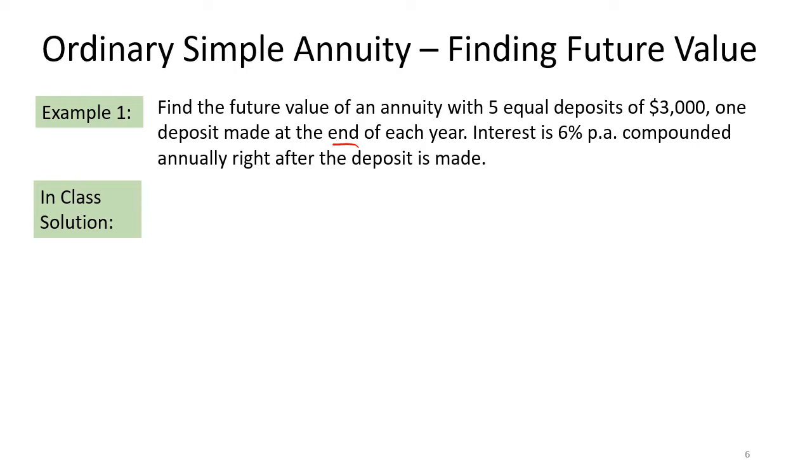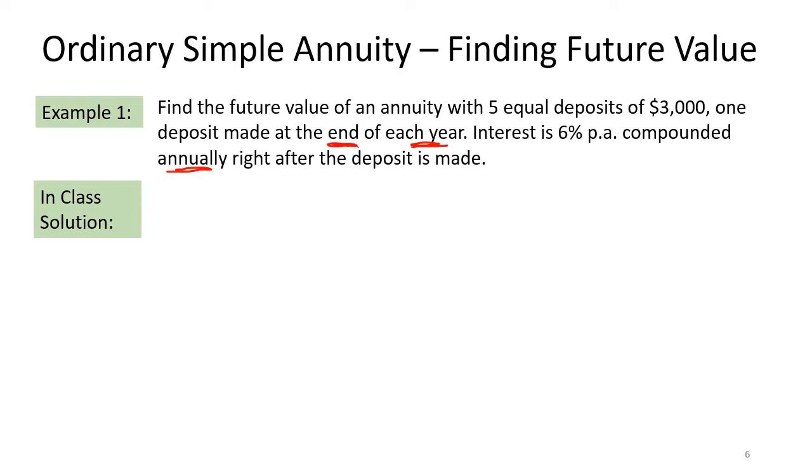There's a couple of things to notice here. I'm telling you it's an ordinary simple annuity, but the way you'd know that is, first of all, payments are made at the end of the year, not the beginning. The other thing to notice is that your deposits are made at the end of each year, so one deposit a year, and your compounding period is also annually.